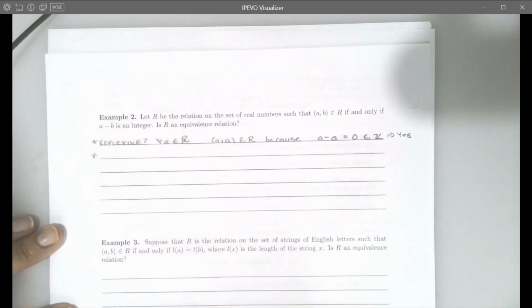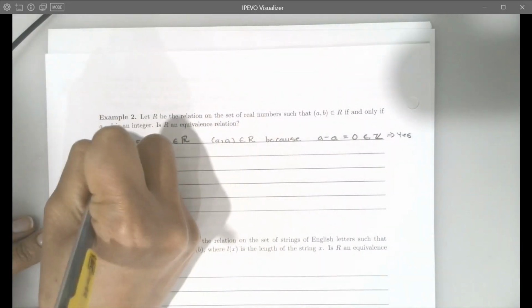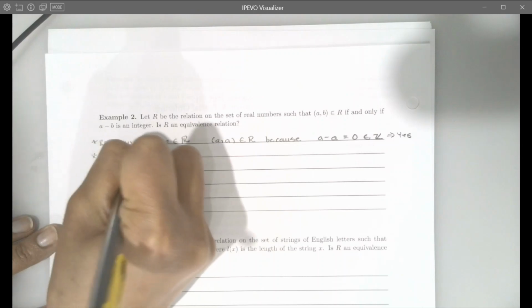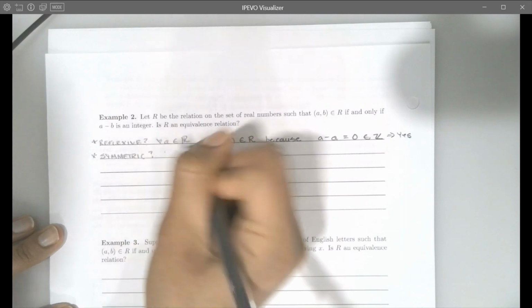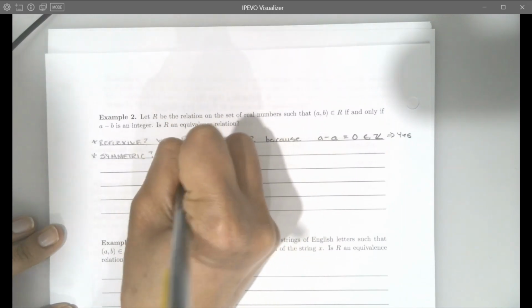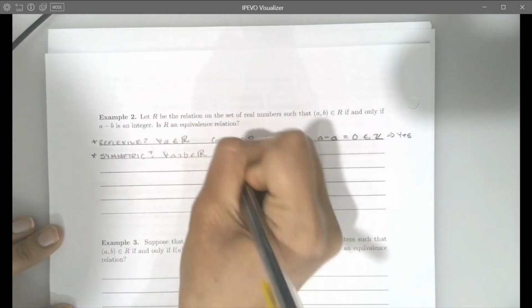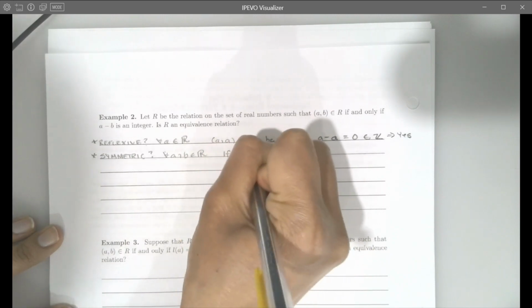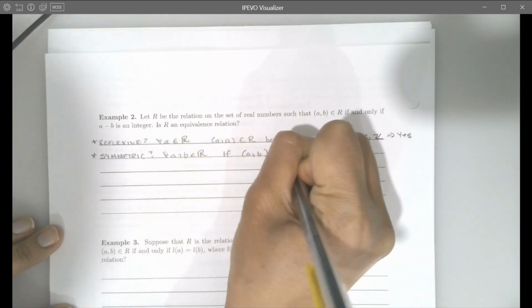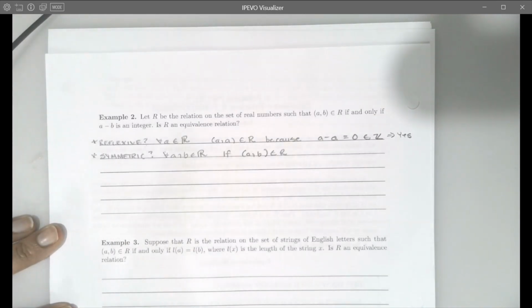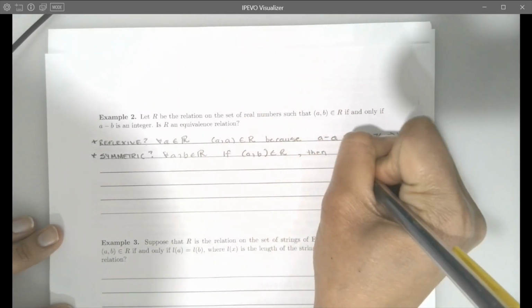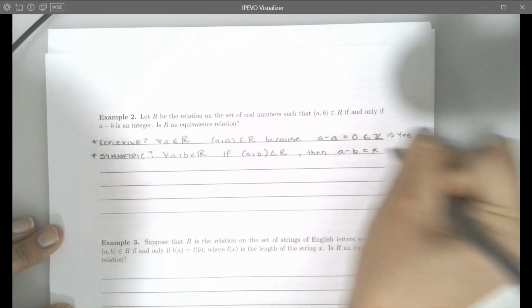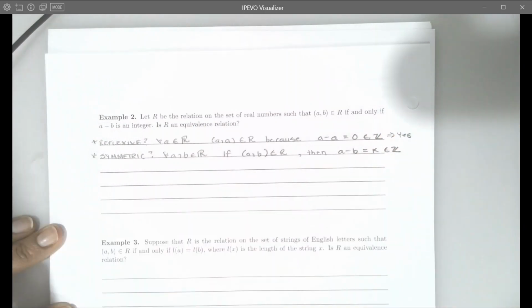The next one is symmetric. So we're going to check whether or not it's symmetric. Now, for any two real numbers, is it true that if A comma B is in the relation, then B comma A is part of the relation? Well, let's see. If A comma B is part of the relation, then that means that A minus B is equal to K, where K is some integer.